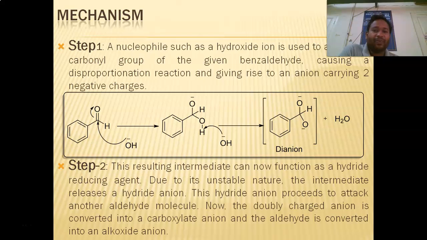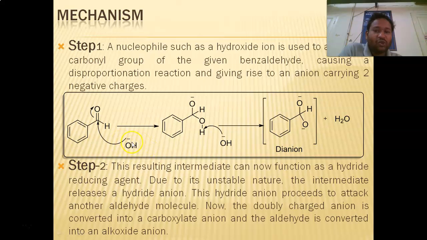This involves the following steps of the mechanism. In the first step, the base adds to the carbonyl carbon. It will not abstract the hydrogen, because that would be stabilized by the resonance effect as well as the inductive effect. So this is added to the carbonyl carbon.